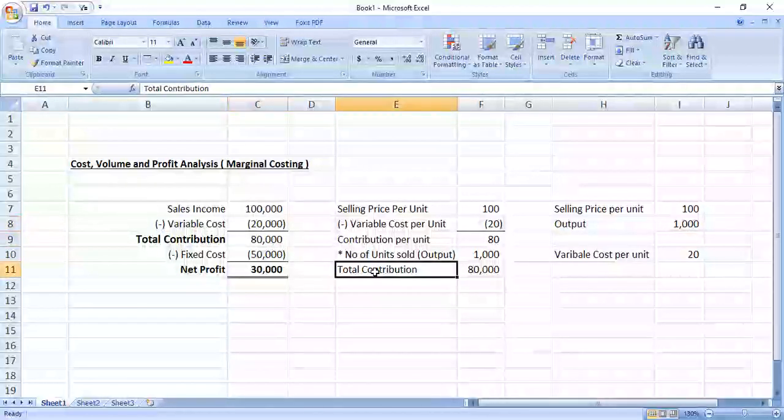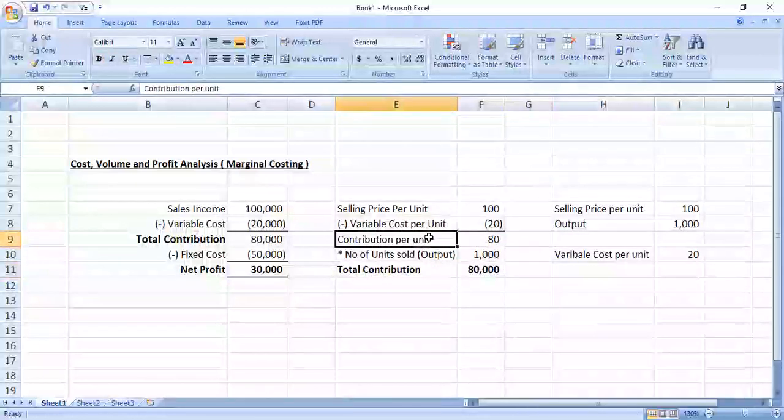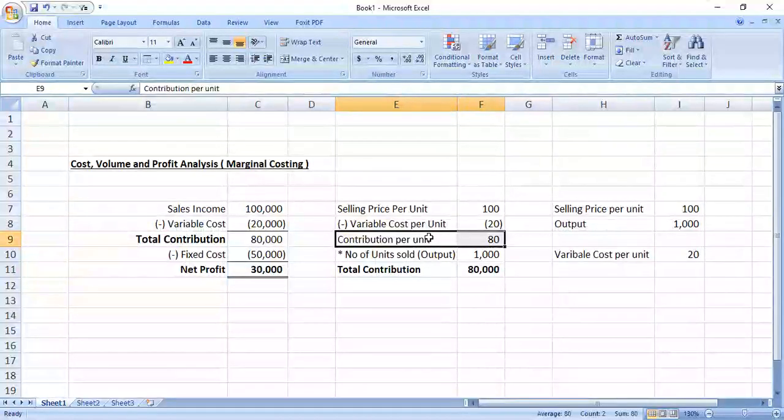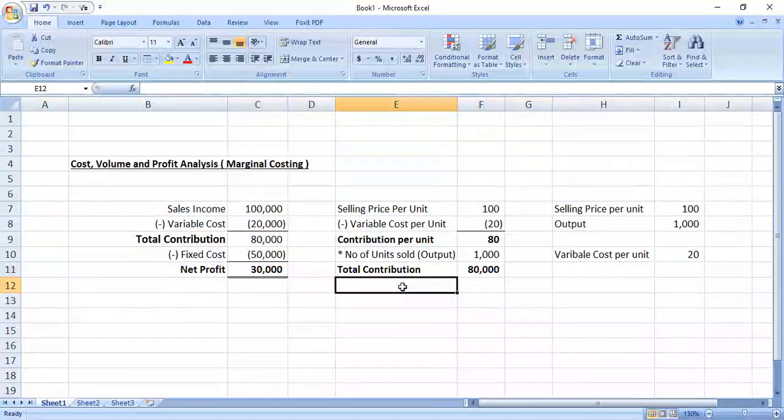But here we take the same. How do we take the same? By calculating the contribution per unit first, and then multiplying by the number of units, right? 80 multiplied by 1000 units we sold, so we have the total contribution. When it comes to total contribution, your variable cost has already been deducted.